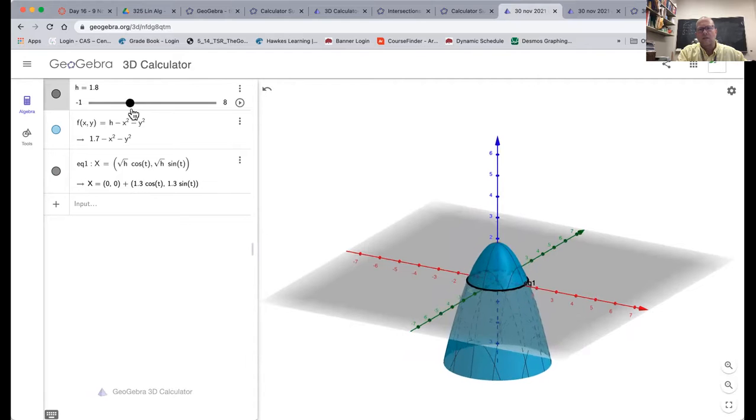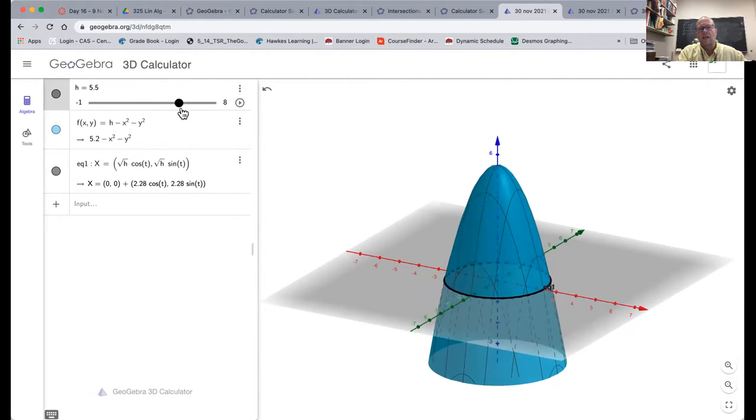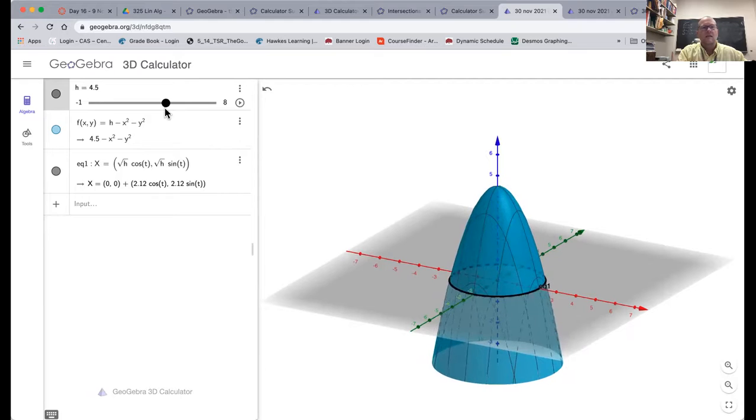And you don't have to do that portion of it, but you can do this visualization that whatever h is, I'm going to end up with a circle that has a radius of square root of h. And the way that I see that is by taking h minus x squared minus y squared and setting it equal to 0, okay? And so we will get that circle again.